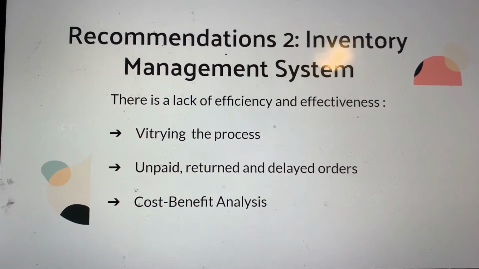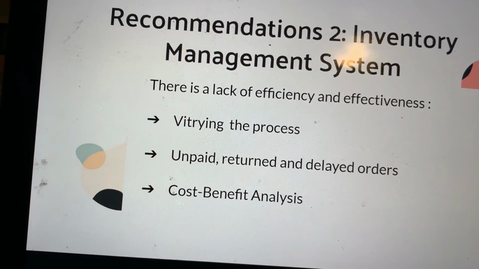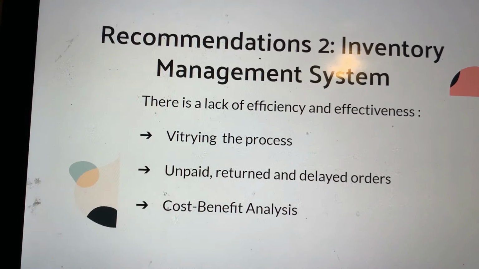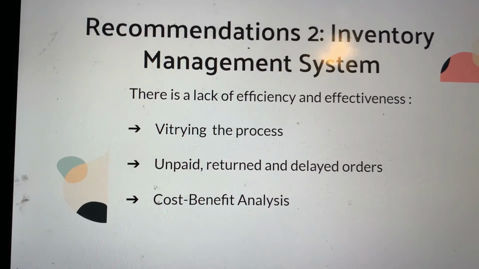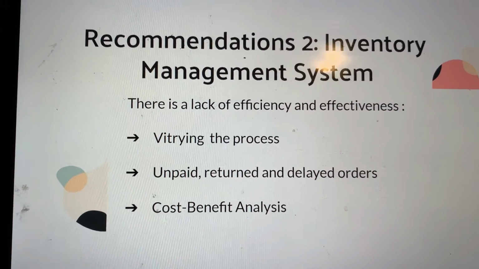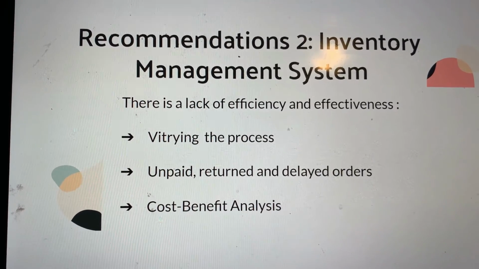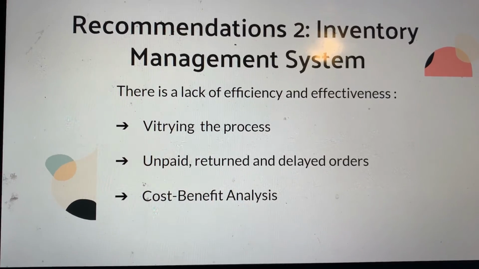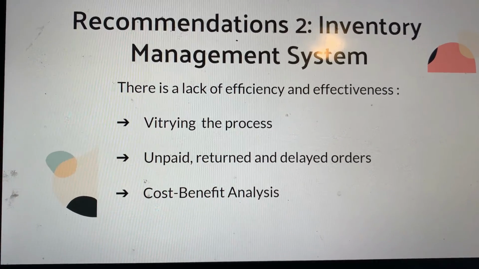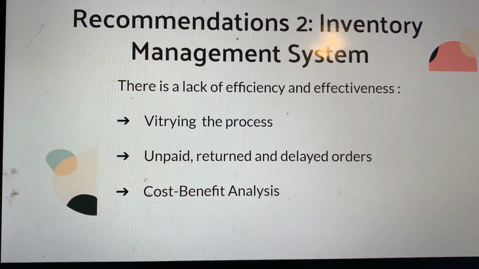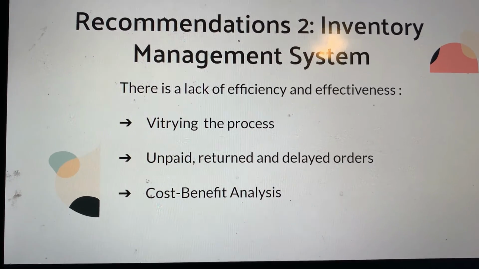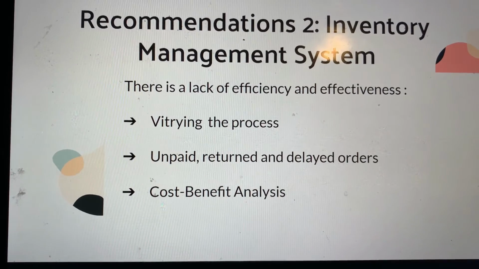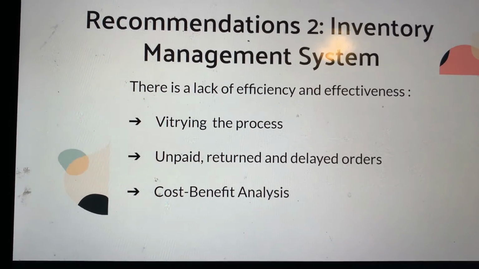As we can see in the scenario for Office Warehouse, there is definitely a lack of efficiency and effectiveness in terms of the products being delivered. Hence, we are recommending a new inventory management process, which is creating a tracking system with all of the products. This enables customers to track their items and the company to hold customers accountable, which will decrease the number of unpaid orders, returned orders, and delayed orders.